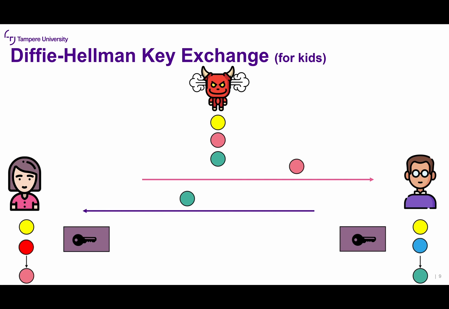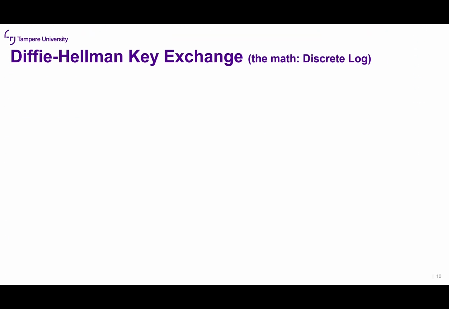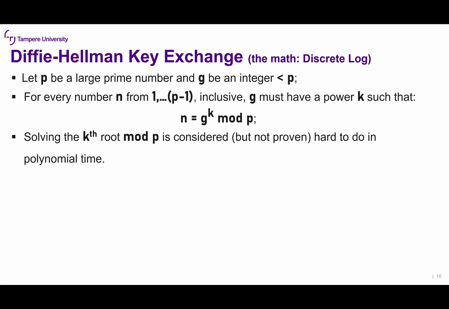Now, to do this with numbers, we need a numerical procedure which is easy in one direction and hard in the other. And this basically brings us to modular arithmetic. So let's see the mathematics of the protocol. Okay, it's very easy basically.